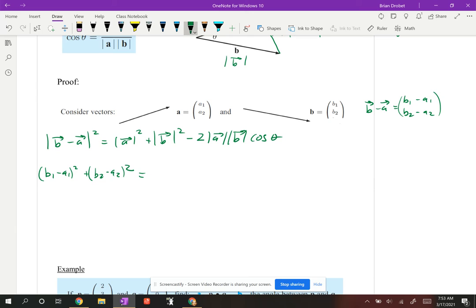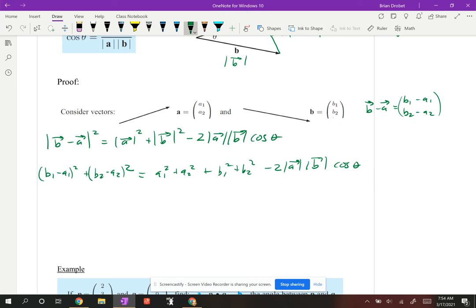Similarly, the magnitude of A squared is A1 squared plus A2 squared, and the magnitude of B squared is B1 squared plus B2 squared, minus 2 magnitude A, magnitude B, cosine theta.